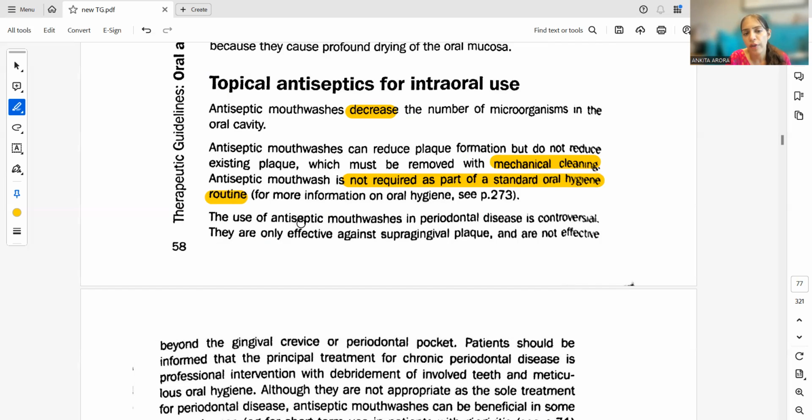The use of antiseptic mouthwashes in periodontal disease is controversial. They are only effective against supragingival plaque and are not effective beyond the gingival crevice or periodontal pocket.